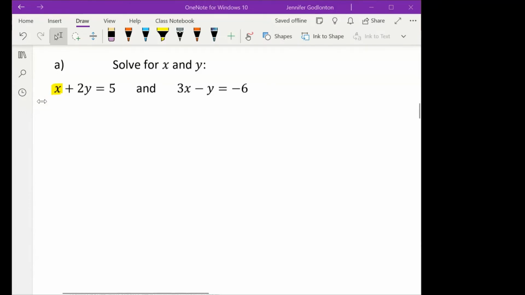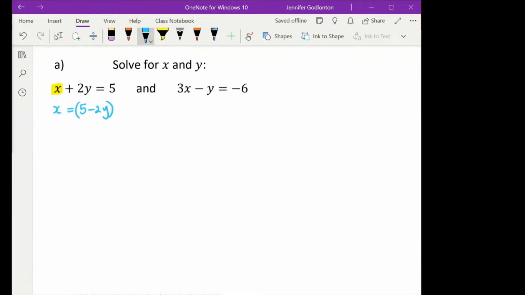Simtanda, I see your hand is up. How can I help? Hi, ma'am. What are we supposed to do when both of the variables are occupied? Because you told us to only do the isolated variables that are alone. Yeah, so in this case, our lonely variable here would be x. So if I was isolating x, I would say x is equal to 5 minus 2y.